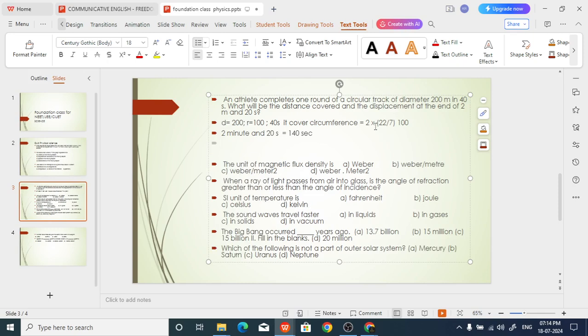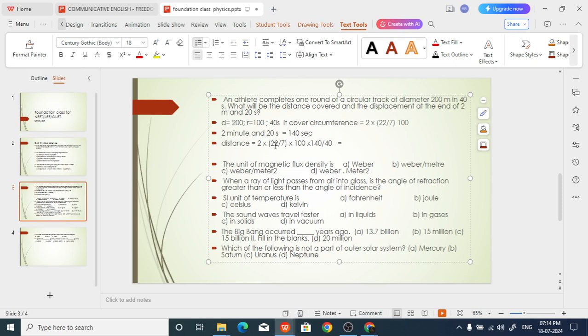So distance covered is equal to 2 into 22 by 7 into 100, divided by 40 and multiplied by 140. You simplify this. That is the answer.